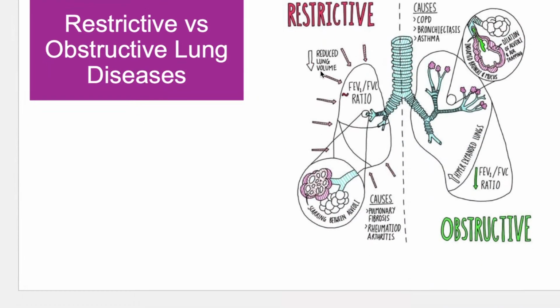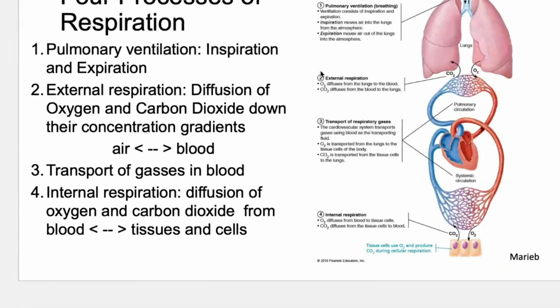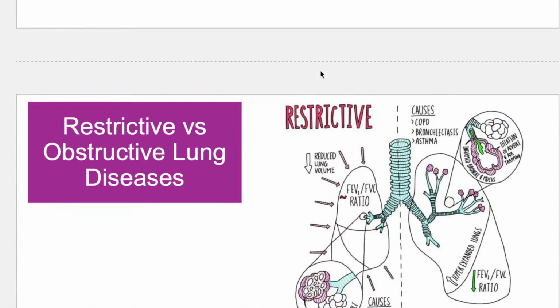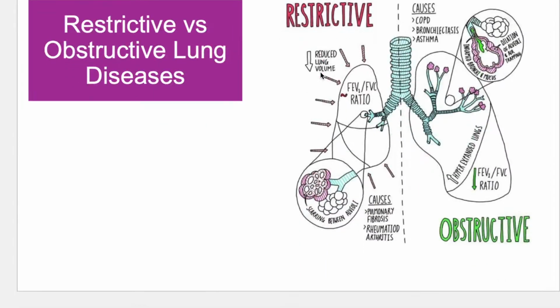All right, so restrictive versus obstructive lung diseases. Emphysema, fibrosis. This is actually something I completely forgot about, so it's good that we're going over it. Restrictive is reduced lung volume, and obstructive is hyperexpanded lungs.